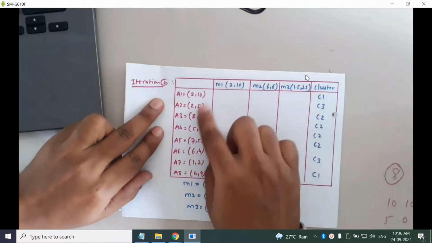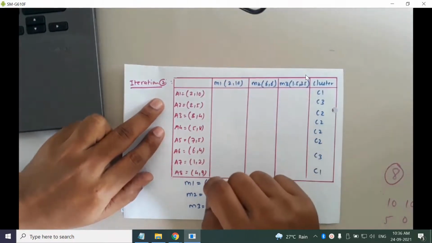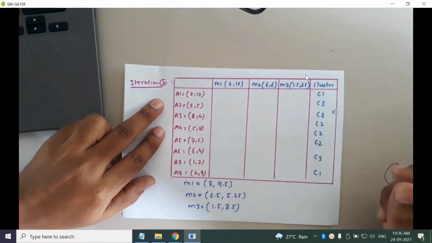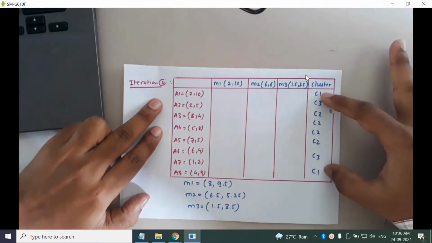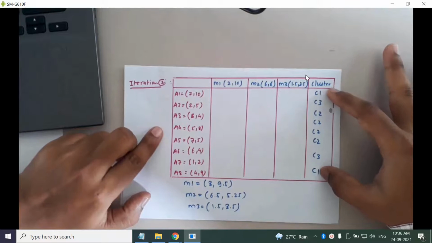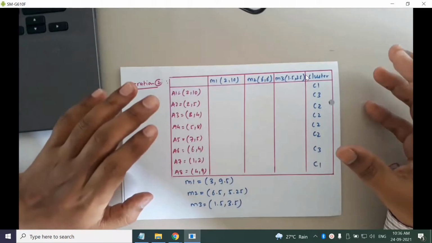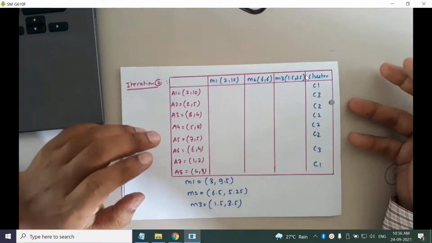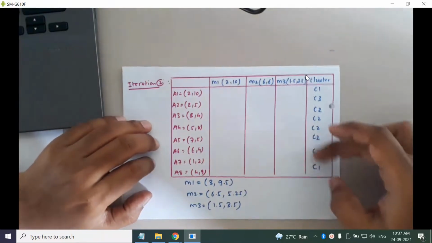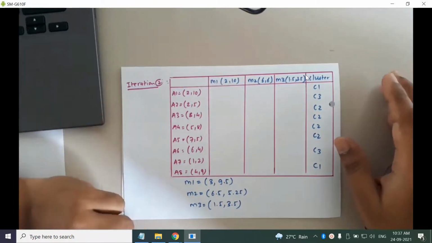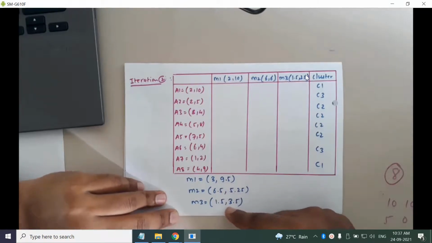M1 अपडेट हो गया, पॉइंट्स वैसे ही रहेंगे. यू फाइंड द एंट्री फॉर ईच पॉइंट, and then you reassign the clusters. सो देखो क्लस्टर 1 में डिफरेंस है, पहले एक ही पॉइंट था, नाउ 2 पॉइंट्स आर अंडर क्लस्टर 1, दैट मीन्स देयर वॉज अ रीग्रुपिंग. सो हमें कंटिन्यू करना पड़ेगा. व्हाट इज आवर स्टॉपिंग क्राइटेरिया? इफ देयर इज नो चेंज इन द क्लस्टर, देन वी विल स्टॉप. ये फाइंड आउट होने के बाद हम फिर से M1 M2 M3 फाइंड आउट करेंगे.